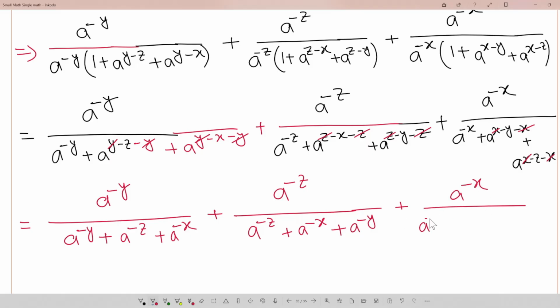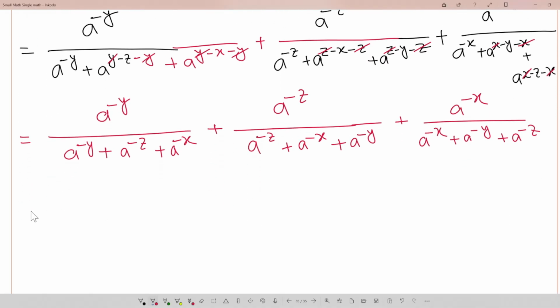So here is a to the power minus x plus a to the power minus y plus a to the power minus z. Now look, all the denominators are the same, so it's a very easy thing.